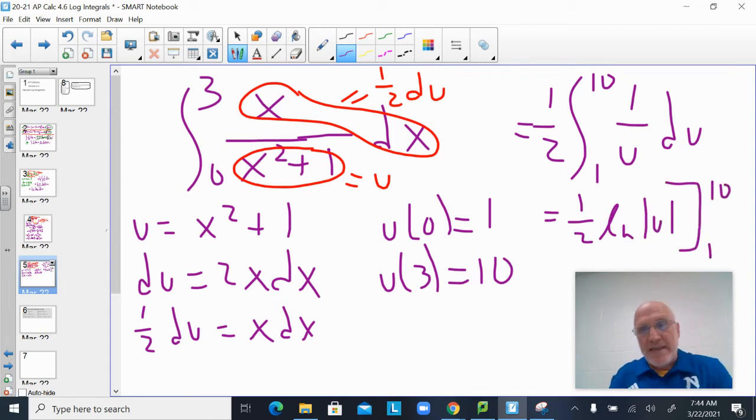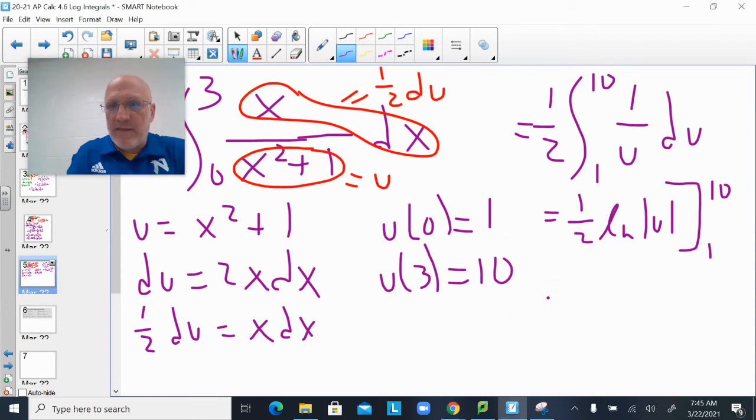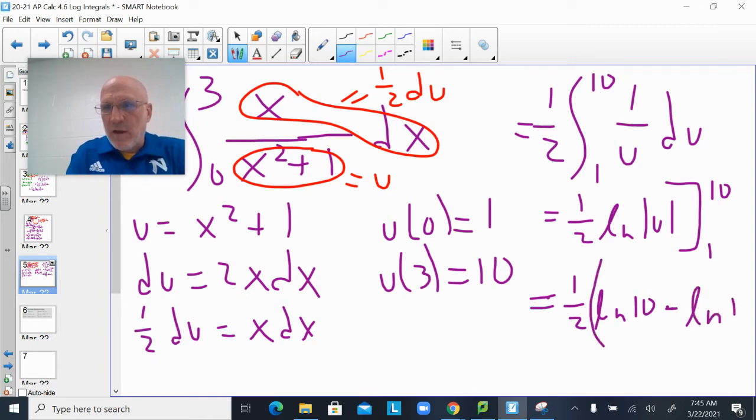Now remember, with these, because I changed the a and the b, I do not need to go back in terms of u here. I can just make this 1/2 ln of 10, I'll put the 1/2 up front there, minus the natural log of 1. The natural log of 1 is 0.